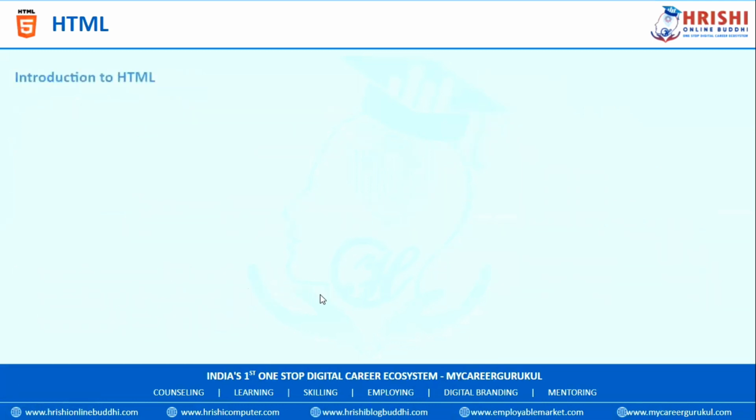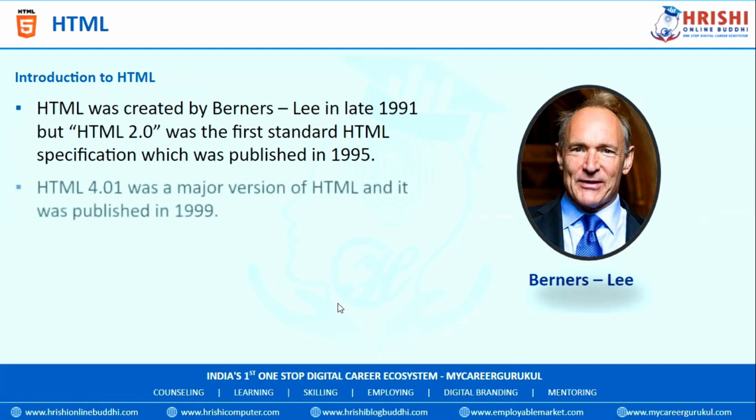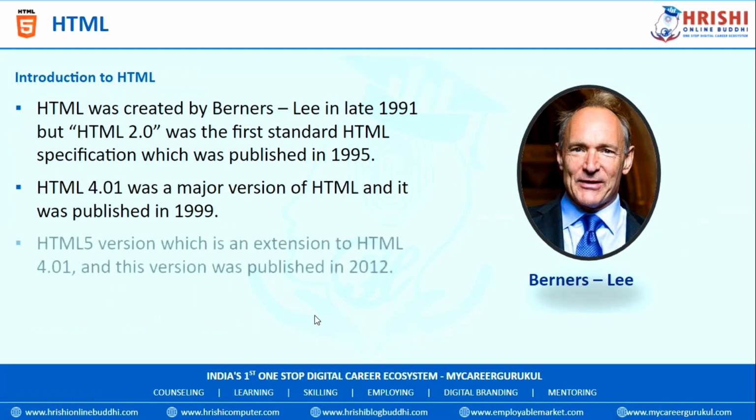Now we'll learn the history of HTML. HTML was created by Berners-Lee in late 1991, but HTML 2.0 was the first standard HTML specification, which was published in 1995. HTML 4.01 was a major version of HTML and it was published in 1999.